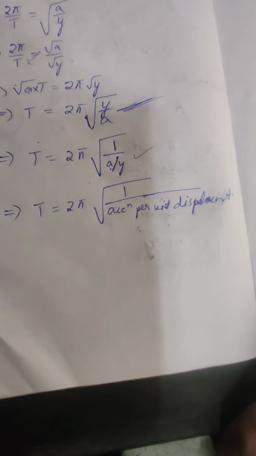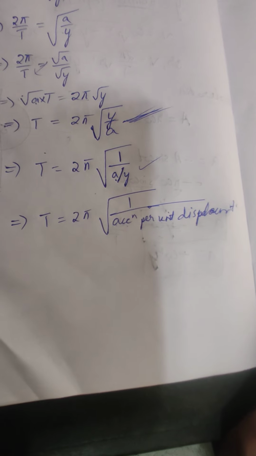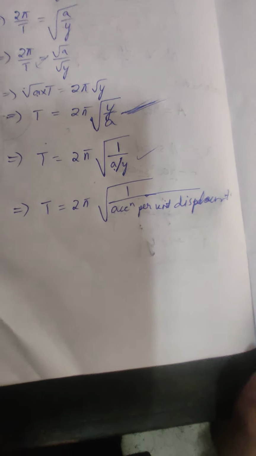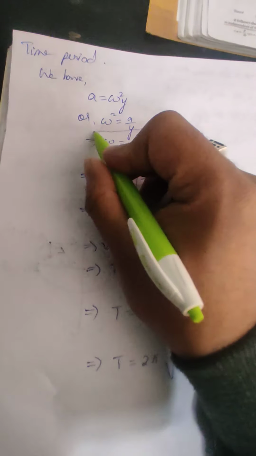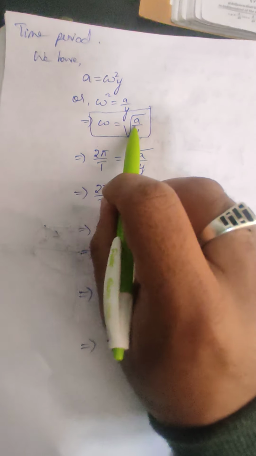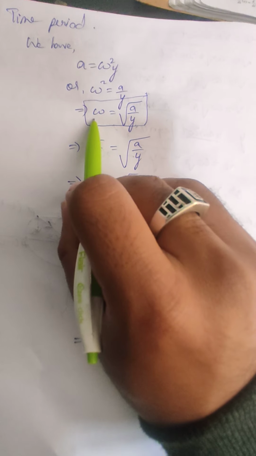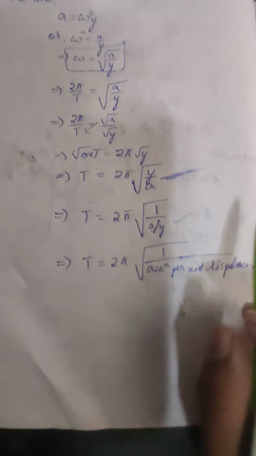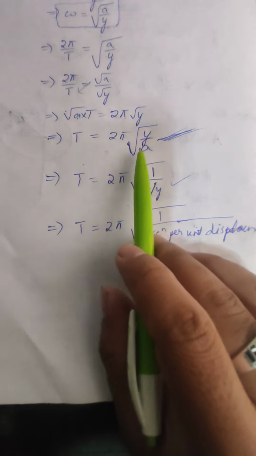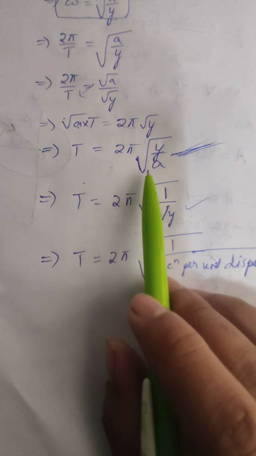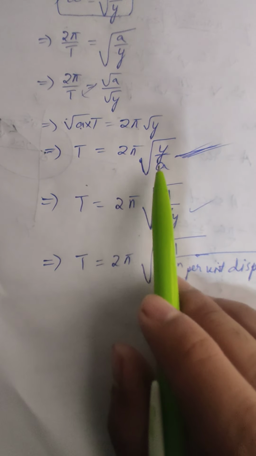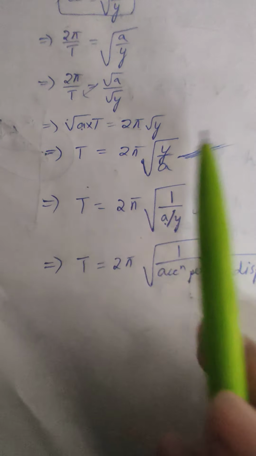Now, if we look at our previous step, omega is equal to root a by y. Since omega is a constant, it means that the simple harmonic motion is a constant quantity.